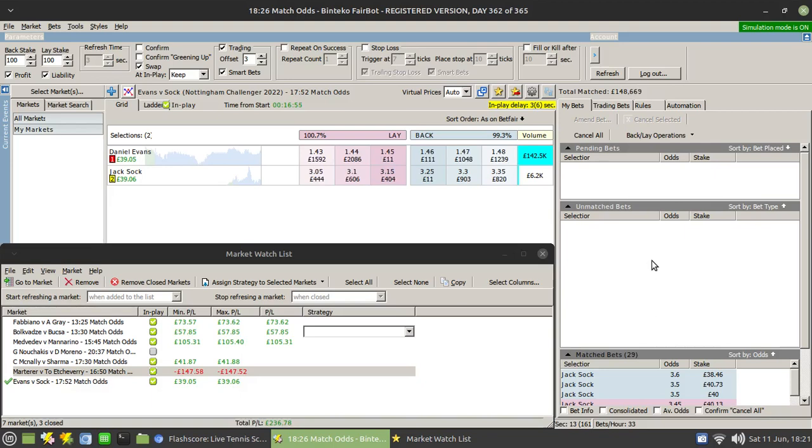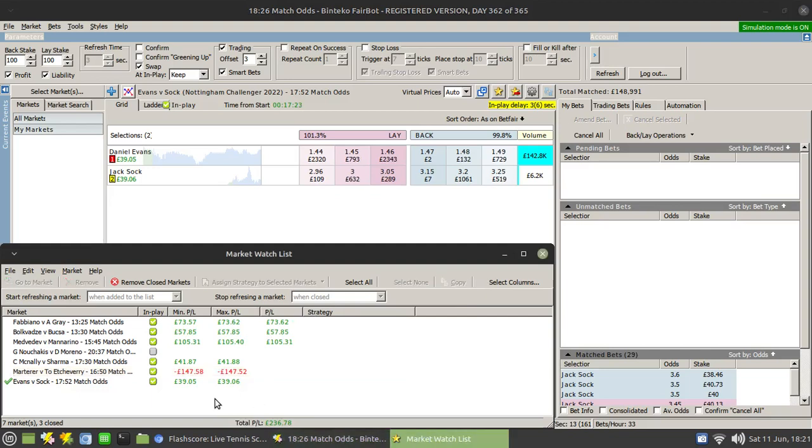What you'll find is, as the market ebbs and flows, there can be a significant gap between the front of the lay side and the front of the back side. And your money in simulation mode might be sitting somewhere in between. But the market, of course, doesn't know that it's there. So Fairbot has to estimate it being taken. So just be aware of that and assume, for the purposes of safety, if you like, assume that these figures may be artificially high.